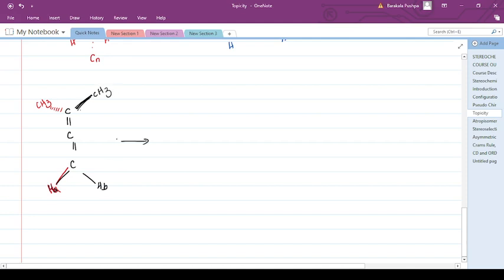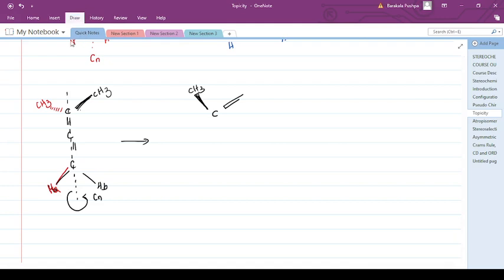Again you rotate the molecule, there is a Cn axis. Rotate this molecule, and you get an interconversion. The black CH3 goes here and you get the red CH3 this side, with HB this side and HA this side.